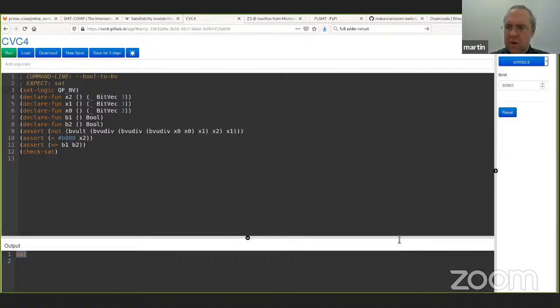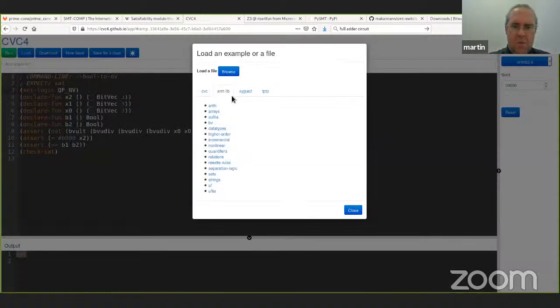If I click here, we've got a language, SMT2, and somewhere, if I can find it in the UI, we have a menu of examples.